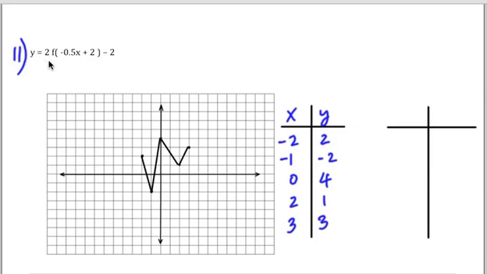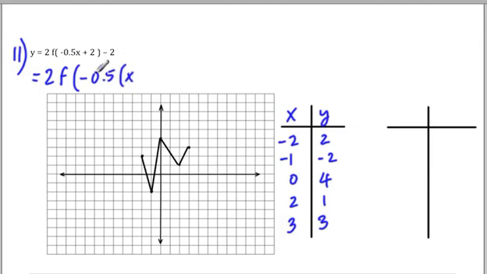So here, if you look at it, the argument is not factored. So the first thing before you even write RST is you must factor it. So it's 2f of, and you're going to factor out the coefficient in front of the x. So we're going to factor out negative 0.5. And then what we're going to put in brackets is x.